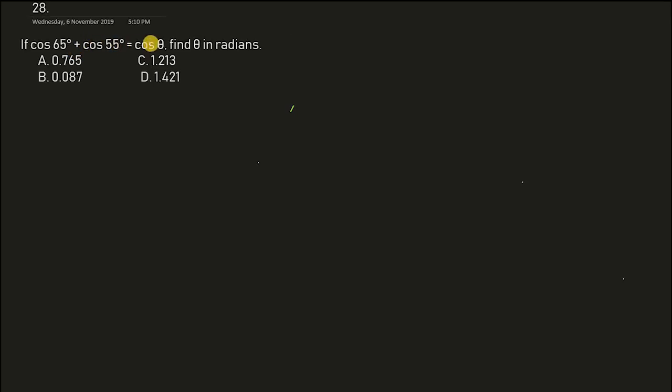Cosine of 65 degrees plus cosine 55 degrees is equal to cosine theta. Find theta in radians. So, to find theta in radians, okay, so, to find this, it's basically using our calculator. Gagawin natin tong arc cosine para theta lang yung matira. So, it will be theta is equals to the arc cosine of cosine 65 degrees plus cosine 55 degrees.